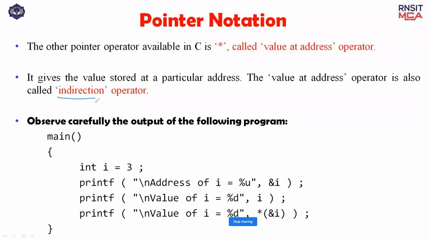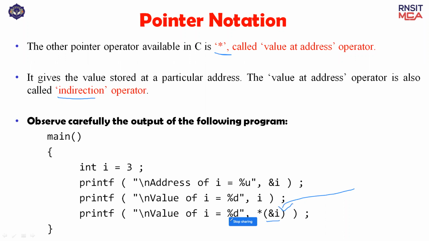As I told, we can make use of an indirection operator. Using this operator, we can print the value at an address like a pointer. This indirection operator, that is star, you call it the pointer operator. We can treat this address with a star mark, the indirection operator, and fetch the value.